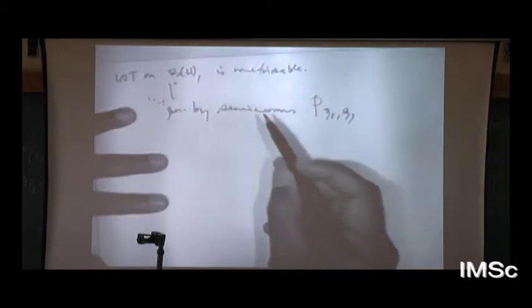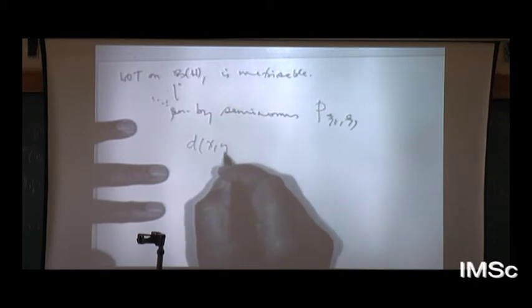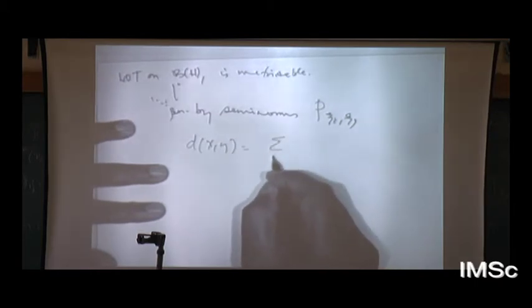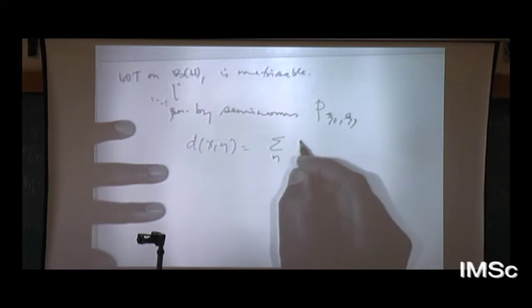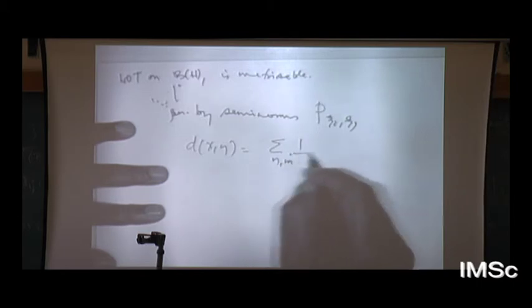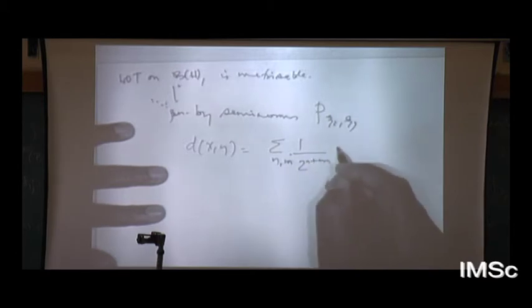Or you don't even have to do that, you can define a distance between x and y as a sum over n, m of 1 over 2 to the n plus m times the seminorm p_{xi_n, xi_m}.